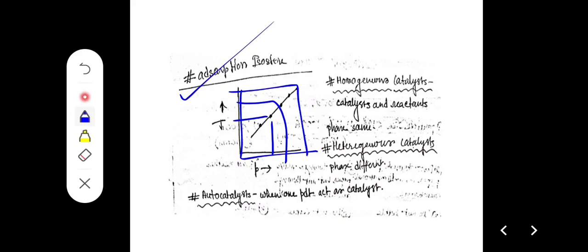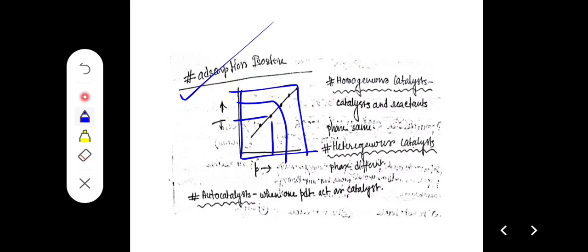Now we consider catalyst. When we consider adsorption type of phenomena, we have to consider catalyst, because catalysts are basically of two types, homogeneous and heterogeneous. A homogeneous catalyst is soluble in the solution, the phase is almost equal, so there is little chance for adsorption.